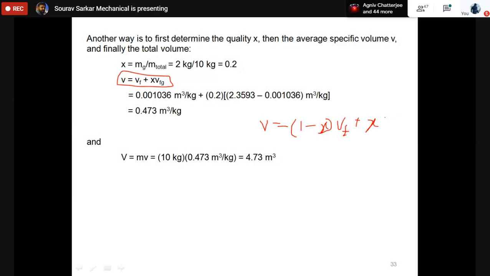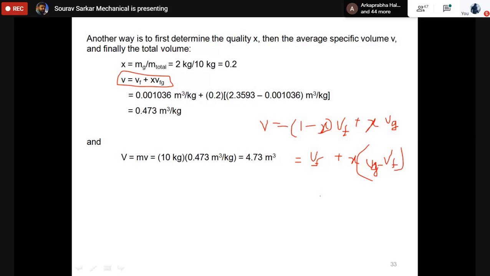So I can write it VF plus, as you told me, take x common, it will be VG minus VF.